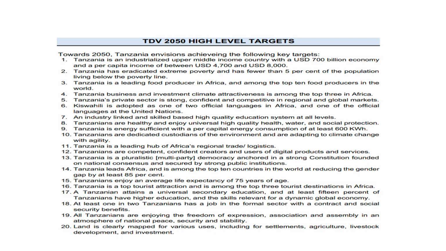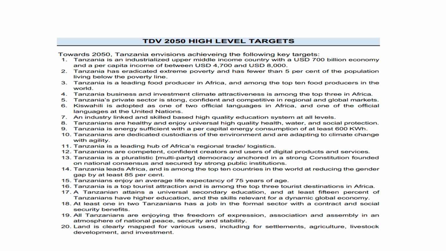So likewise, there are, as you can see, 20 focus areas for what Tanzania is going to be measured on when we reach 2050. Looking at these 20 key areas, number 17, Tanzania attains universal secondary education, and at least 15% of Tanzanians have higher education and the skills relevant for a dynamic global economy.